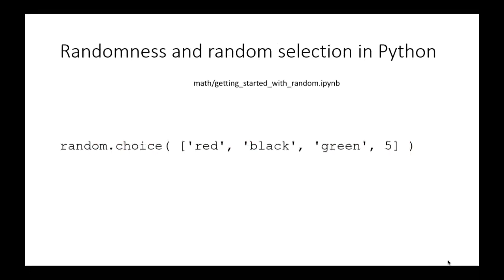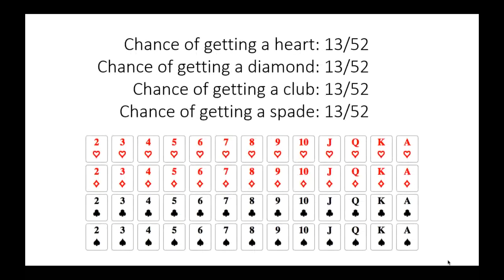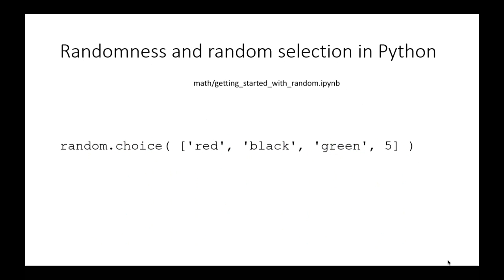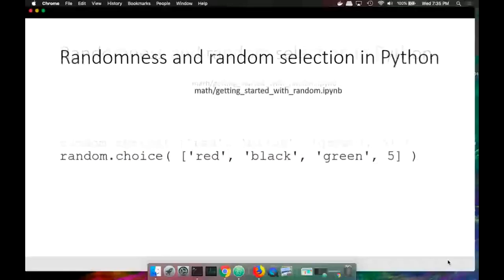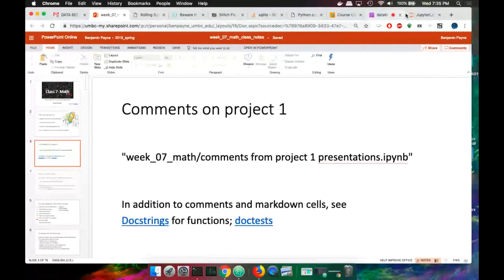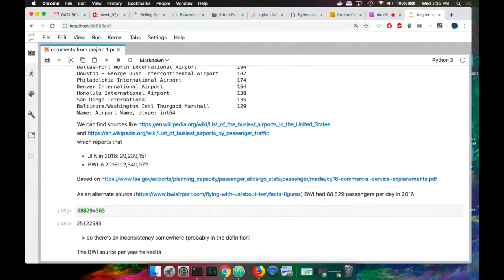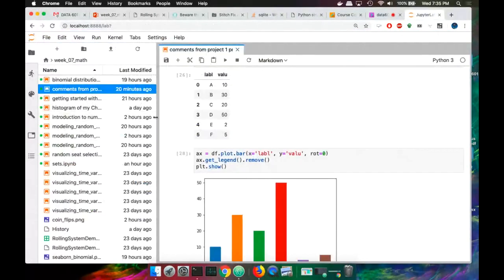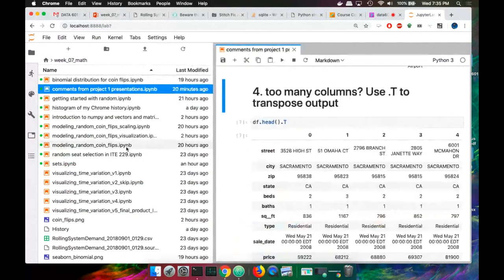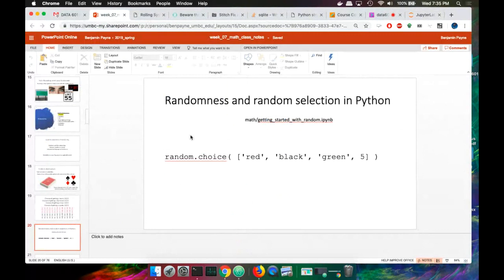So this was intended to be a physical example. We can also do similar things with Python. I think most of you have used the random library, so we'll do a quick demo of that.